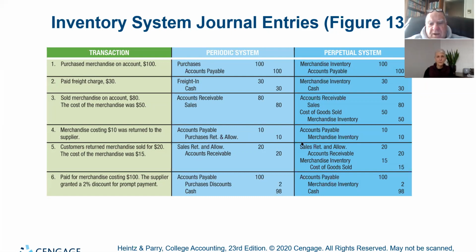Here, you don't have those type of accounts for purchases. What did you return? We returned inventory. I bought inventory from you, Lori, and now I bought $1 million and $10 was no good, and you agreed to take it back. So it comes out of my inventory and reduces my payable.